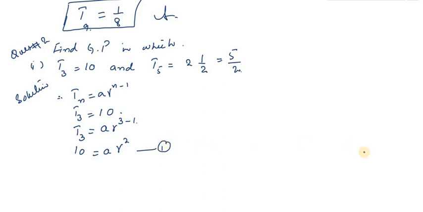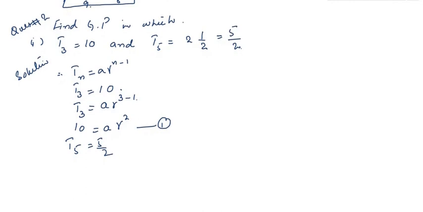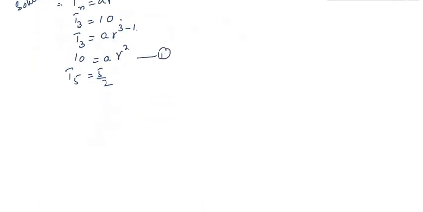And similarly, the fifth term is given as 5 upon 2. So we again put this data in the general term of the geometric progression. T5 is equal to a r to the power n minus 1, n is 5, and the fifth term is given as 5 upon 2. So 5 upon 2 is equal to a r to the power 4.